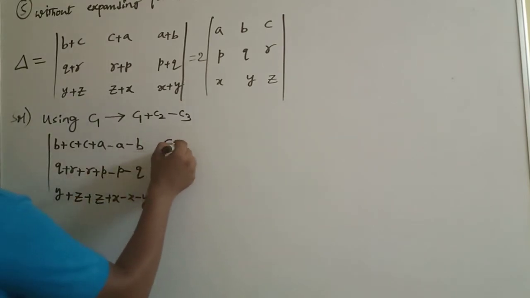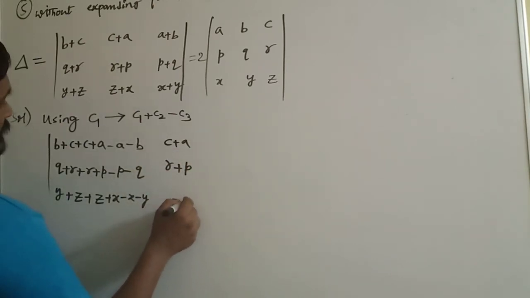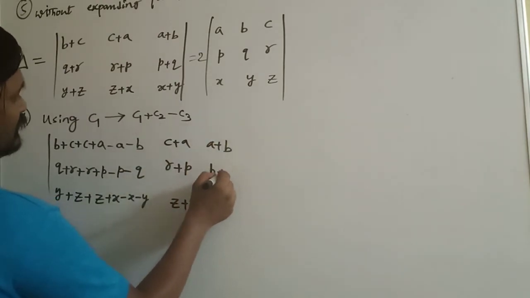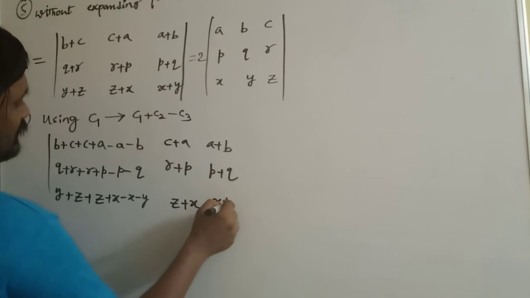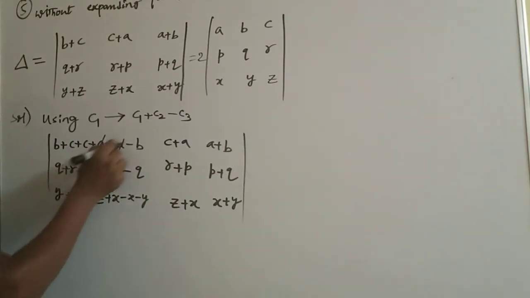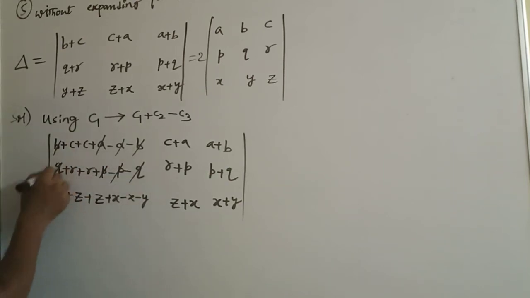Remaining as it is: C plus A, R plus P, Z plus X, A plus B, P plus Q, X plus Y. Right? So now minus A plus A, minus B plus B, minus P plus P, minus Q plus Q, minus Y plus Y, minus X plus X cancel.